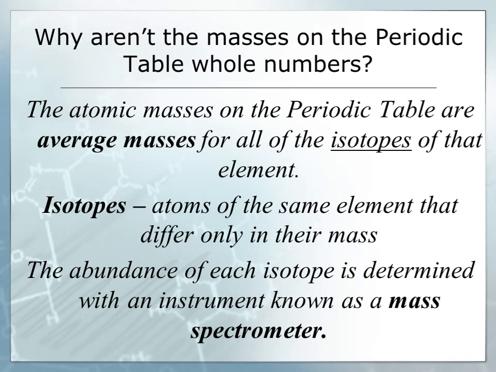Depending on how heavy the particle is will determine how much the path of that particle is altered, and thereby you can determine out of a given sample how many particles have their path deflected the most versus those that are deflected the least. And in that way you can calculate what percent of your element is the heavier isotope and what percent is the lighter isotope.